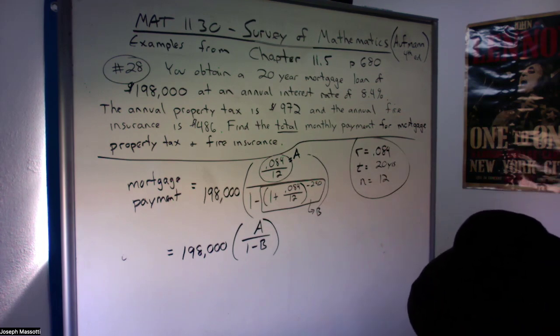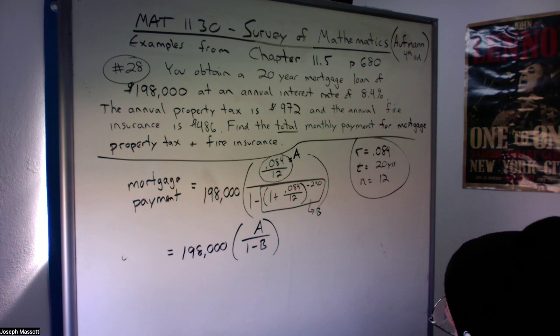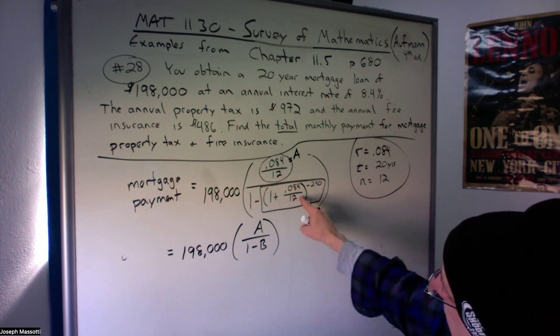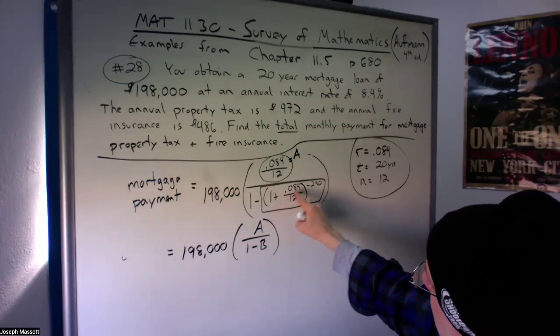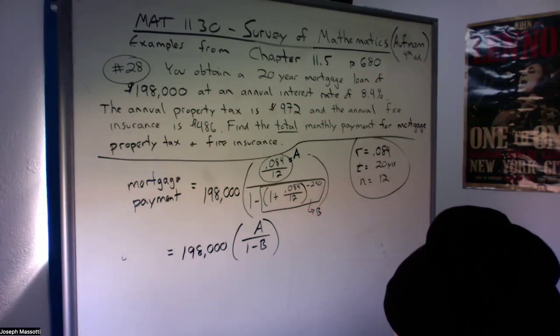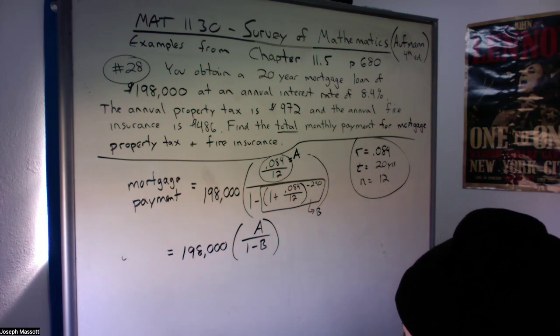Let's go 0.084 divided by 12, and that is 0.007. We store that to the letter A. Then we take that A value, add 1 to it, and raise to the negative 240. And that's going to be our B.